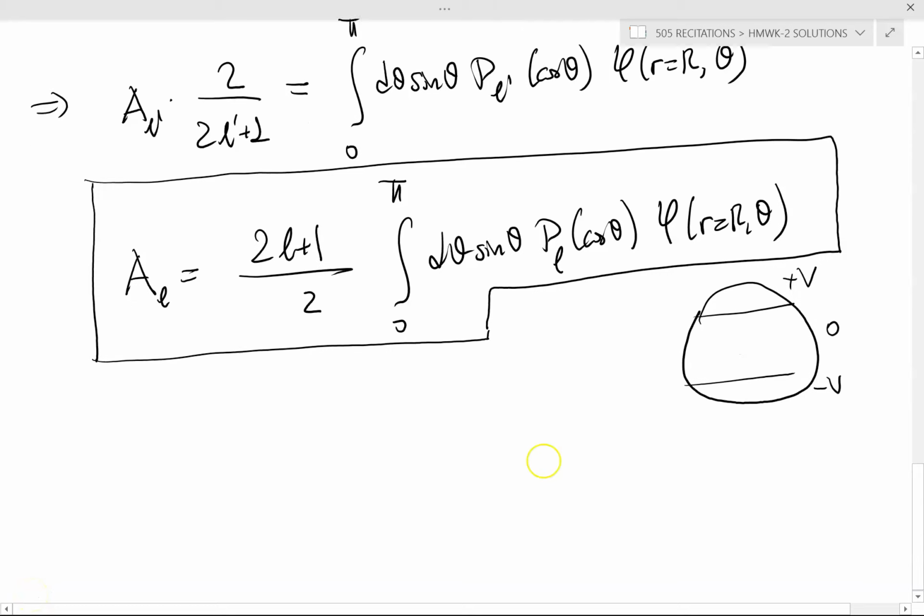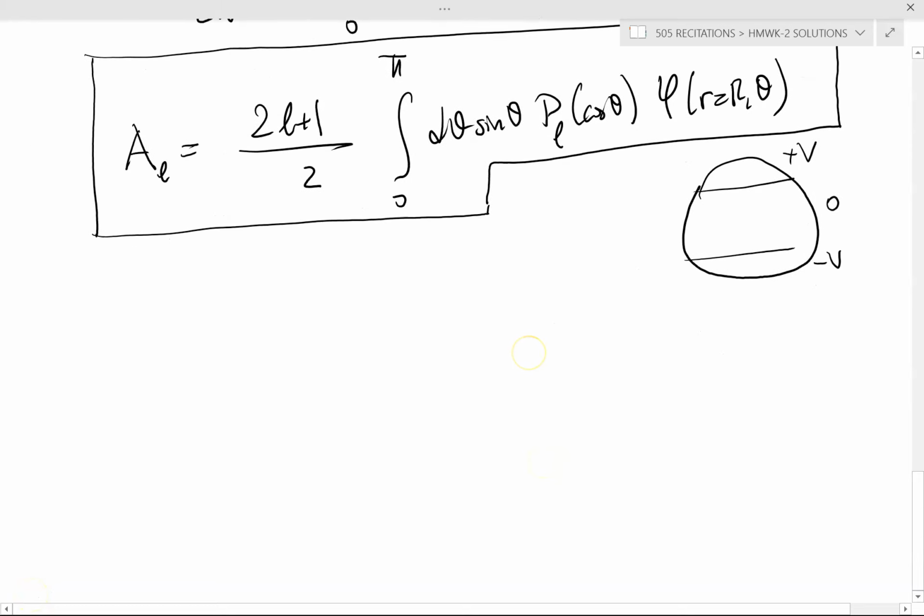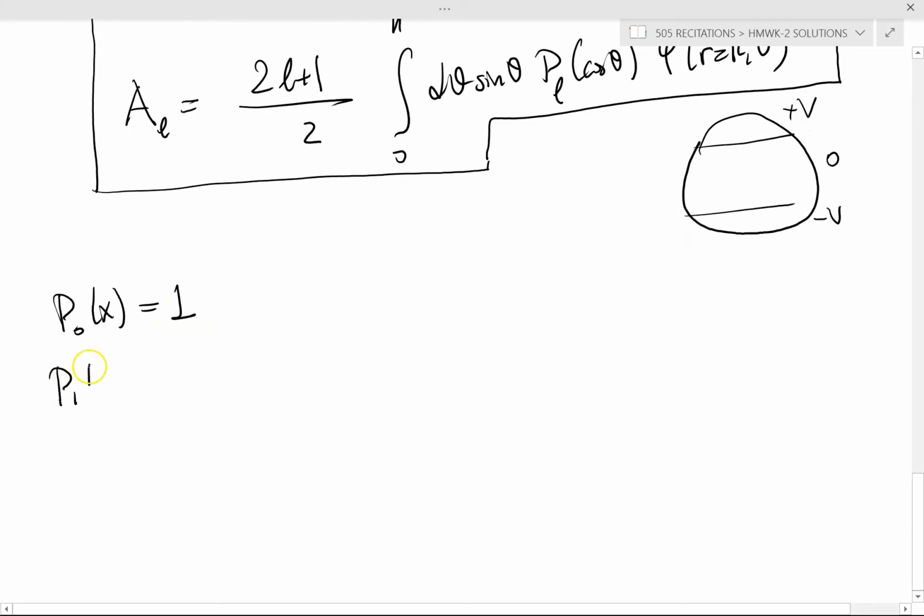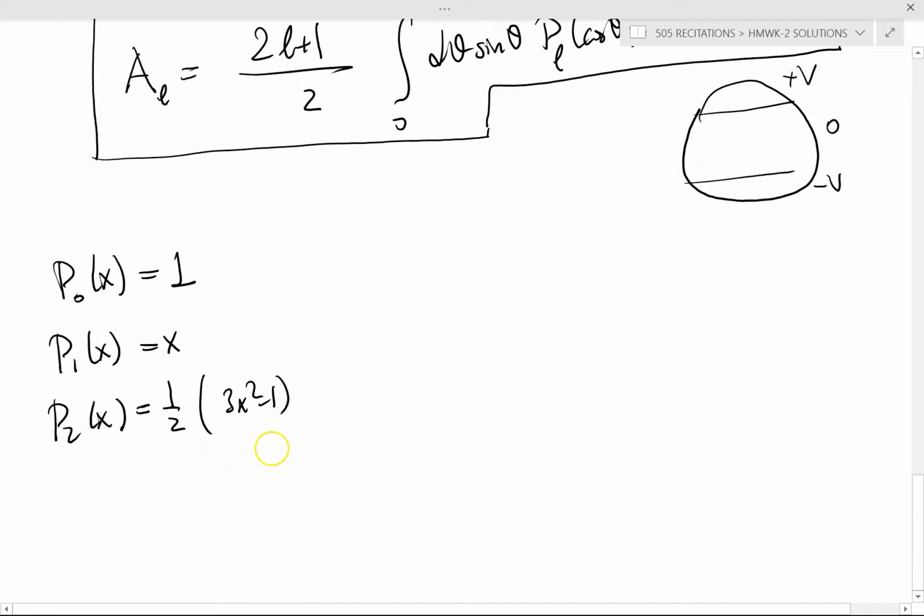To proceed, let's remember what those Legendre polynomials look like. For instance, for the zeroth order, P0(x) is equal to 1. P1(x) equals x. P2(x) equals 1 over 2 times (3x squared minus 1).